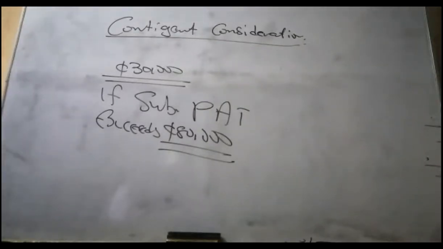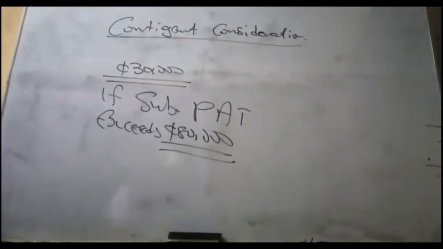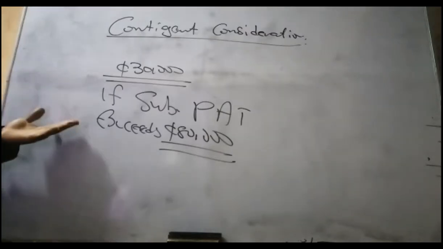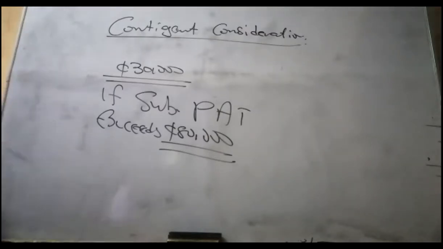Now, in the old standard, IFRS 3 business combination, it told you to relax, don't account for it until the subsidiary has fulfilled the condition. But after the revision, it requires contingent consideration to be provided for.